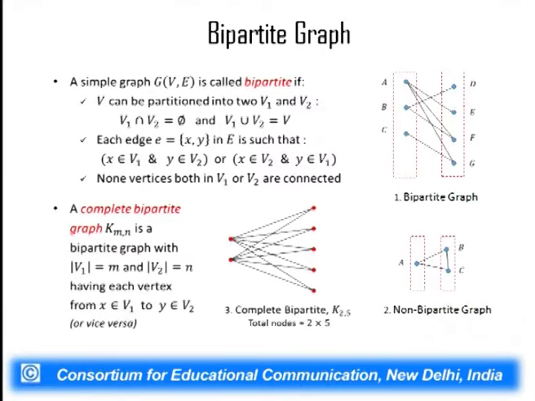And in the second figure, you can see that this is a non-bipartite graph. If you want to clear your doubts, you can see that here B and C, those two vertices, lie in the same set and they have got connected. So it violates the third property of the bipartite definition, and this graph will not come under the bipartite case.